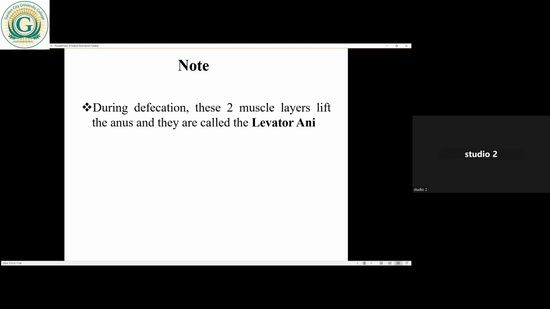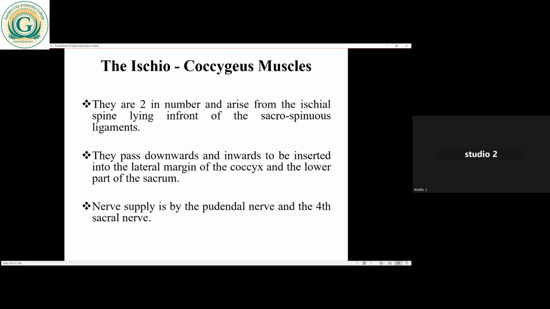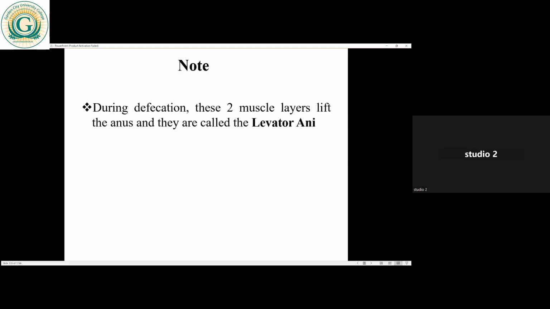Then we have ischio. So the levator ani is made up of the two muscle layers, that is the ilio and pubococcygeus. Then we come to ischio.